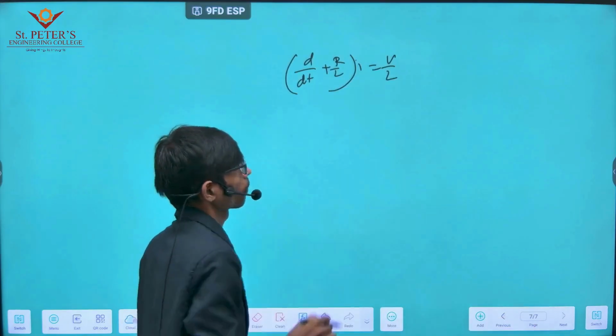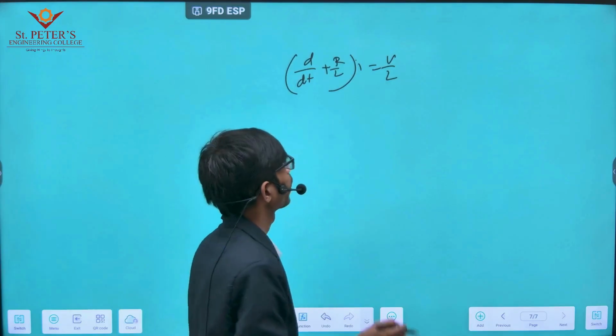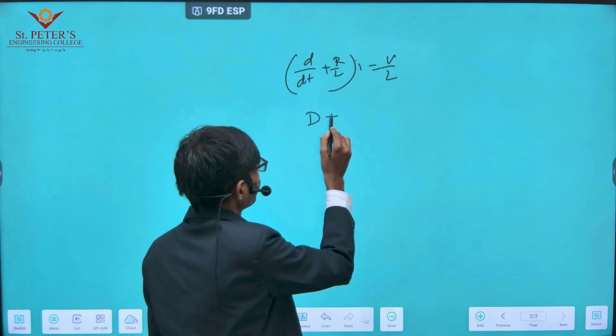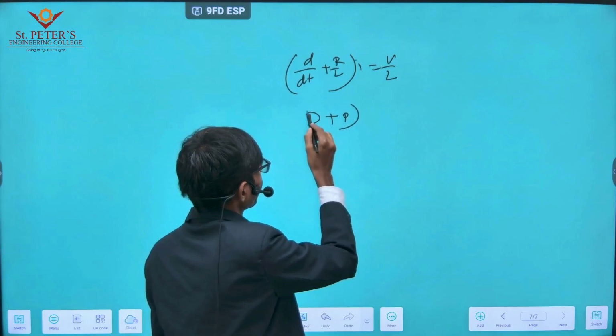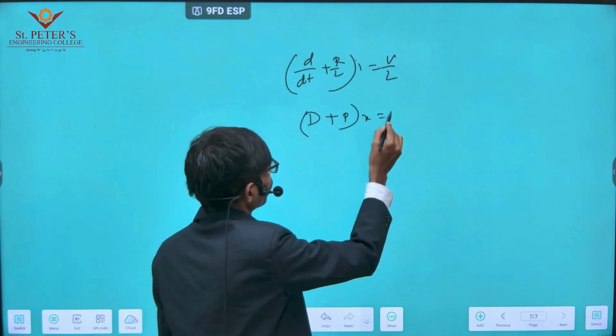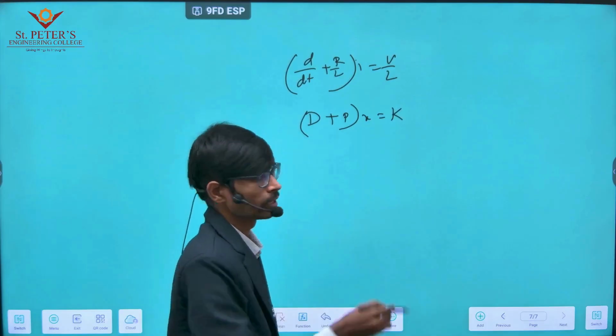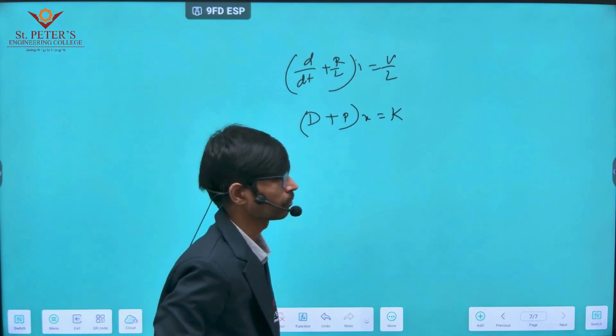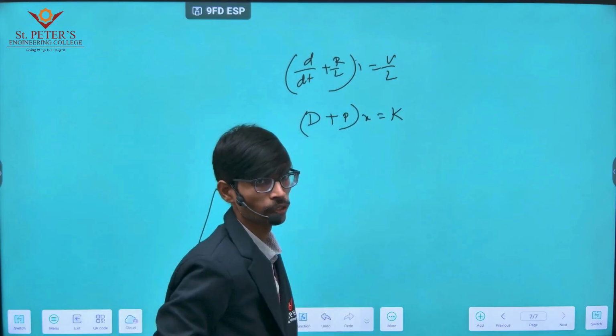This equation is of the form dx by dt plus p x equal to k. This is called a non-homogeneous equation, and it is a linear differential equation.